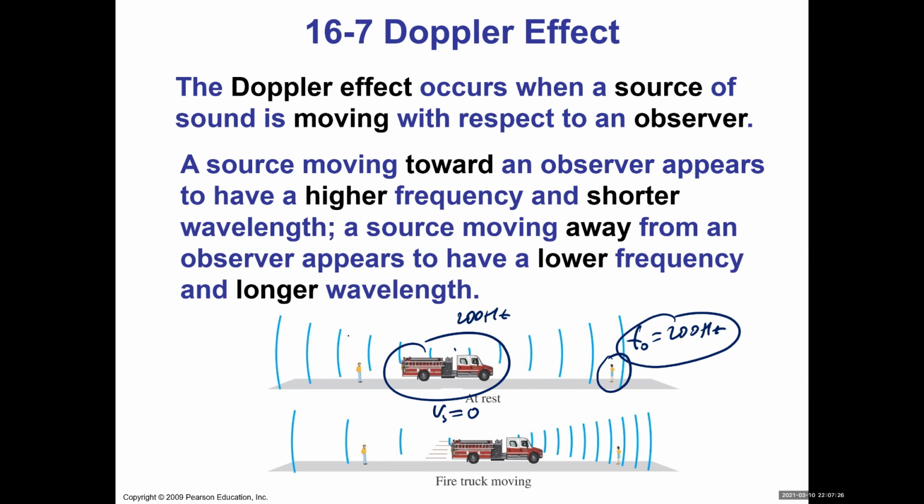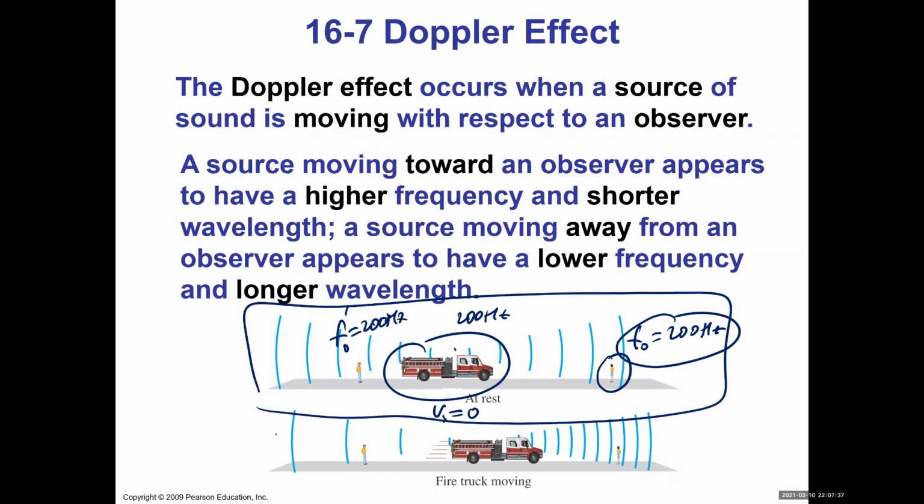So let's say f prime: they will hear 200 hertz if the source is at rest relative to them, because they both hear exactly the same frequency as the siren.